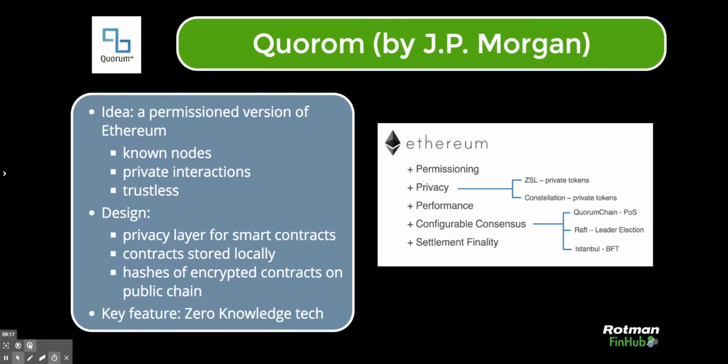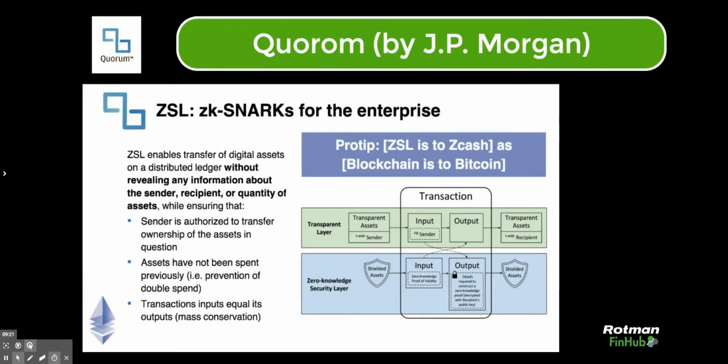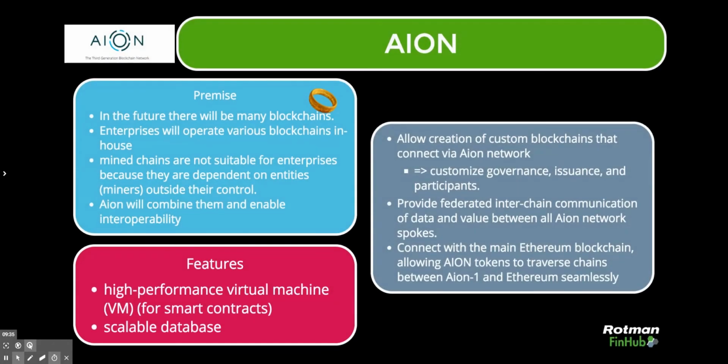So the key feature here is the very clever usage of the zero-knowledge proofs. So this is just a fancy slide, which essentially shows the idea of zero knowledge as I described it before. So here we go.